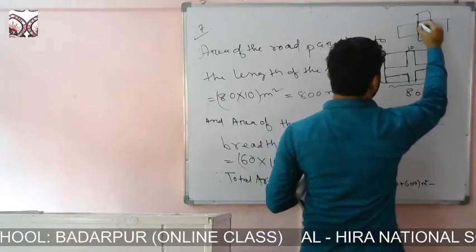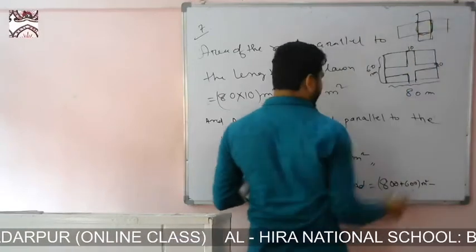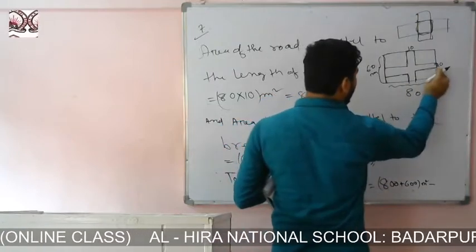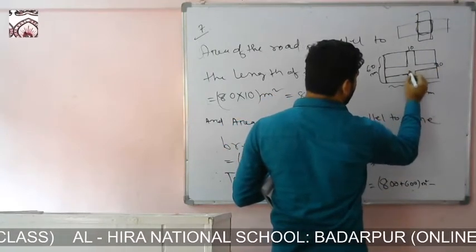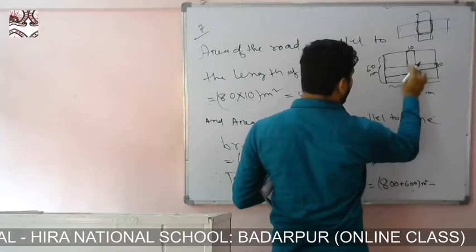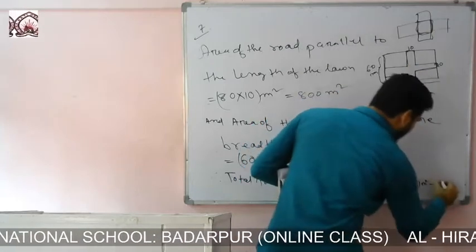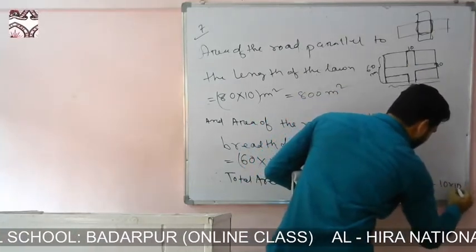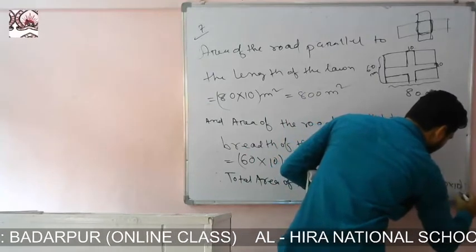We are taking this one 2 times, so we have to subtract this 1 time. So here it is 10. If this is 10, then this is also 10. So length into breadth, 10 into 10 meter square.